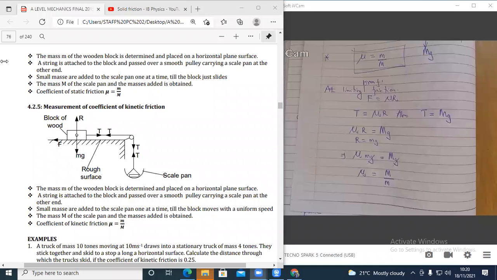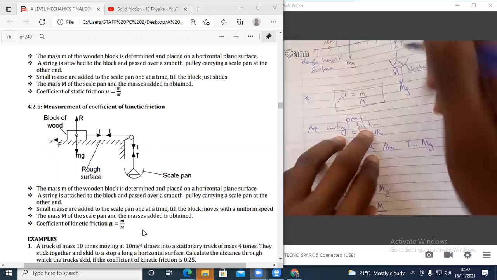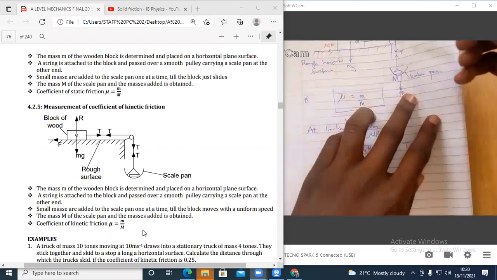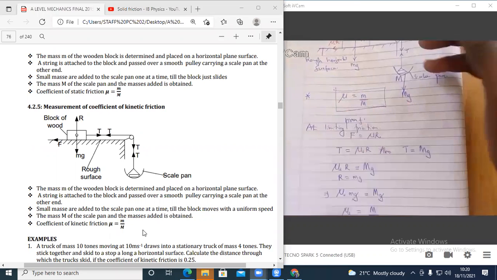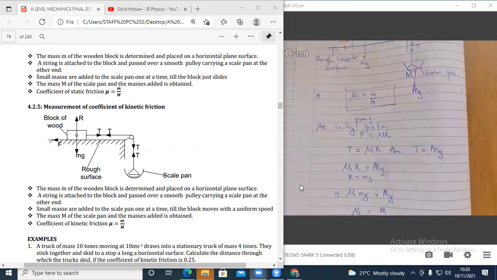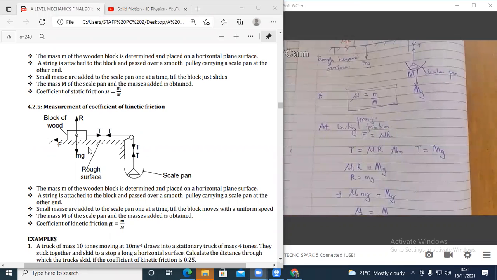For kinetic friction, you keep on adding until it moves with a uniform motion. The experiment is the same, but you keep adding.